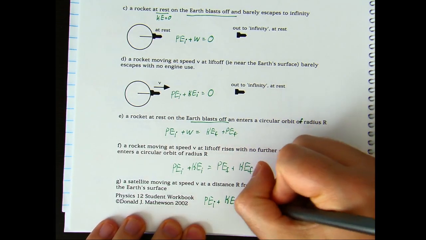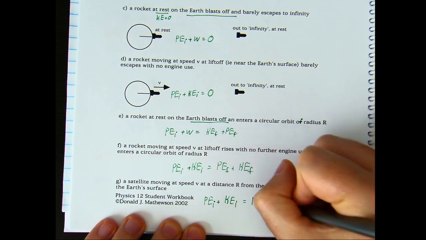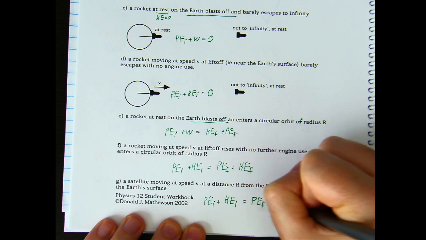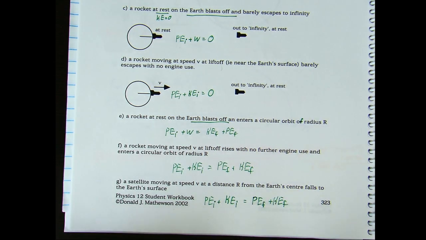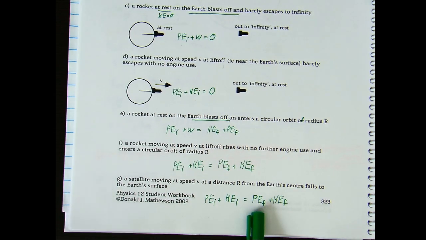So we've just got potential energy final and kinetic energy final, because it's definitely hitting the Earth with some velocity. And even though it's hitting the Earth's surface, it still has some potential energy final, because you remember when we're dealing with gravity here, it's all about the distance to the center of the Earth. So unless that satellite plows all the way to the middle of the Earth, it's still going to have that potential energy term there.